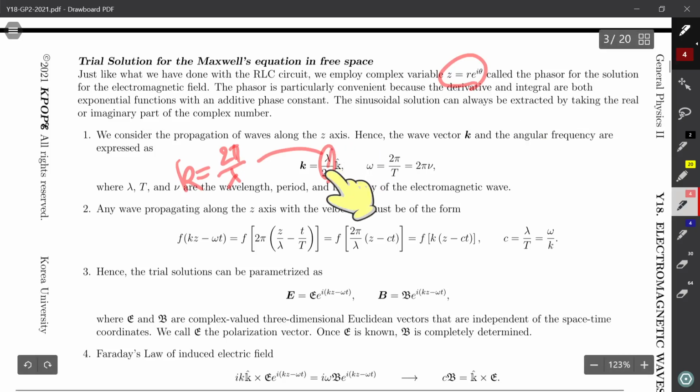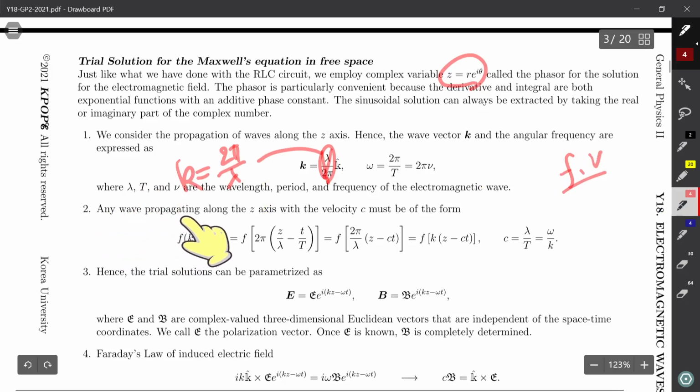And the angular frequency is 2 pi over the period, or 2 pi nu, or 2 pi f, where f or nu is the frequency.